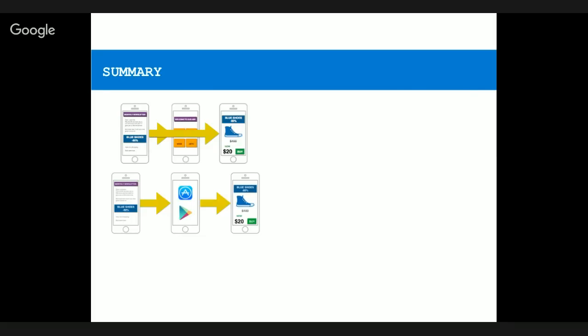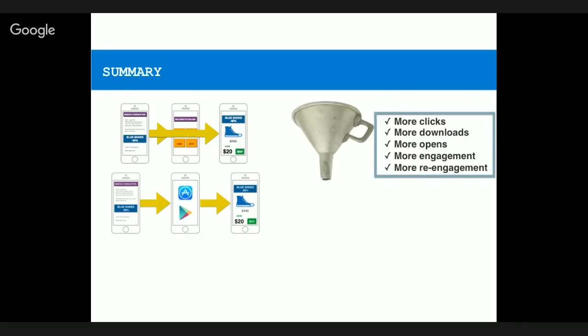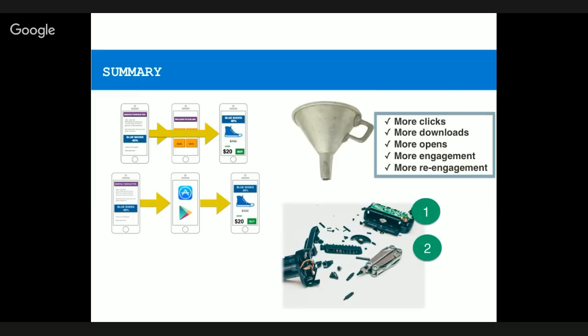We've also looked at the different benefits you get when you use mobile deep linking: more clicks, more downloads, more app engagement, and more re-engagement. And we've demystified the implementation process of mobile deep linking as well.